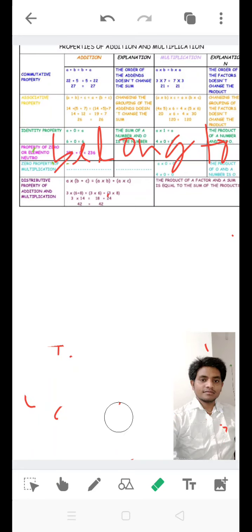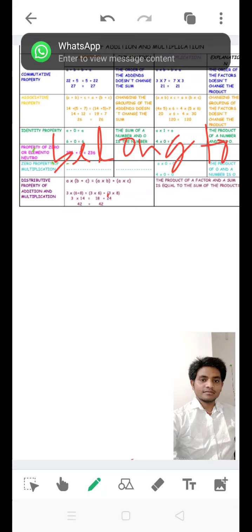The next one is the associative property. What is the associative property?